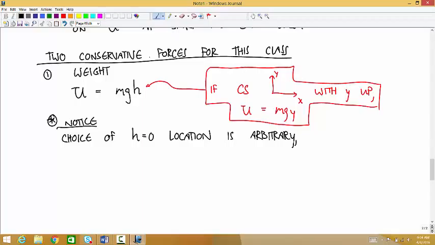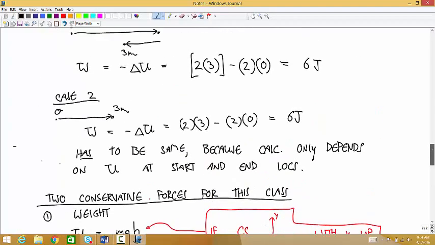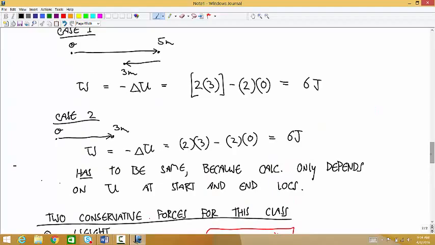Yeah. Oh, I threw away the negative. You're right. So this is the change in potential energy. You take the negative of that. So it is negative 6.